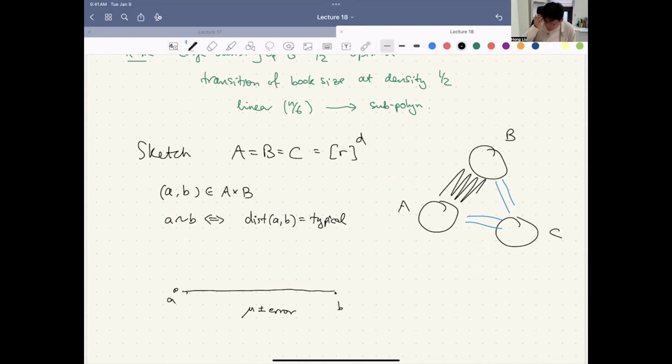Now you add point C to A if C is roughly at half of this typical distance from A. So A is like this, B is like this. All these points C will be adjacent to both A and B. That you will find.